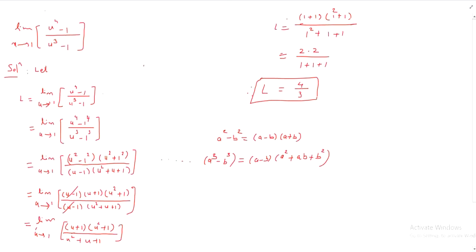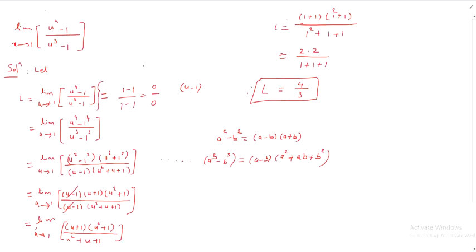And let us see again how to solve it, why we need to factorize it. If we directly substitute the limit, then we get 1 raised to 4, that is 1, minus 1, and at the denominator also 1 minus 1, that is it reduces to the form 0 by 0. And if we get this form, then you must know that we have to find out the common factor u minus 1 in numerator and denominator.